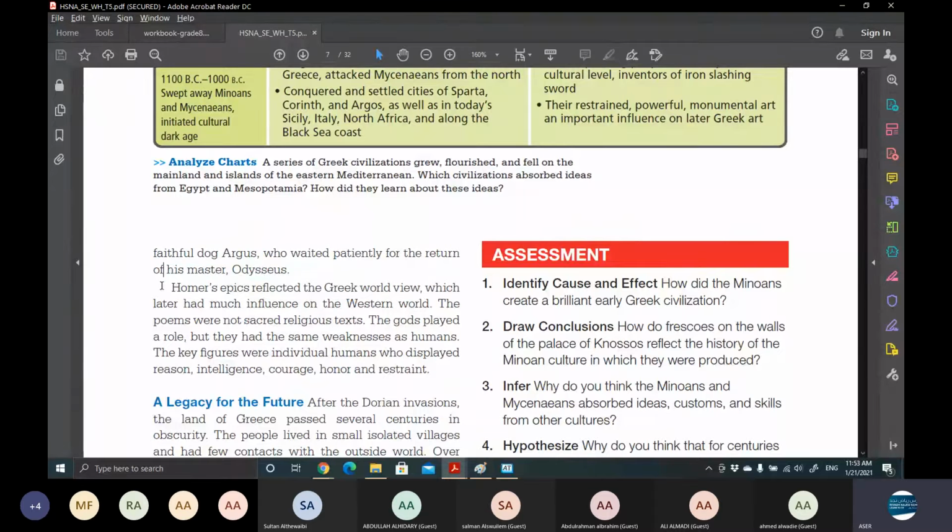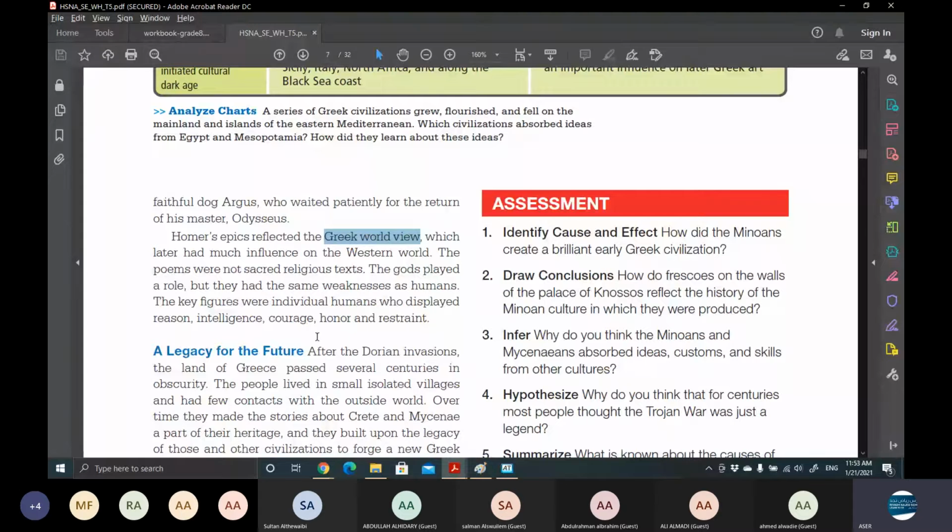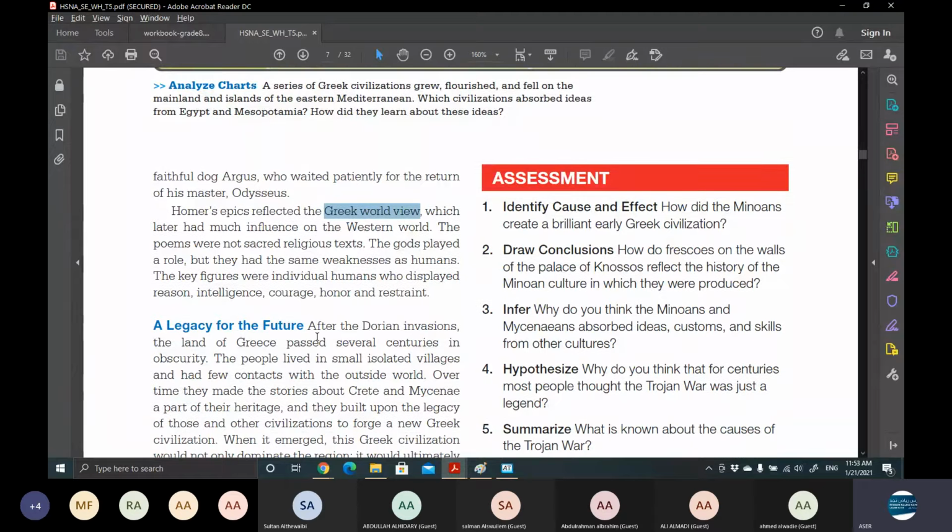Of course, all of these epics reflected the Greek world view, how they lived, how they communicated with each other, how they dealt with problems, how war was to them, what was the best thing about their characters, were they honorable men, were they very bad men, and so on.